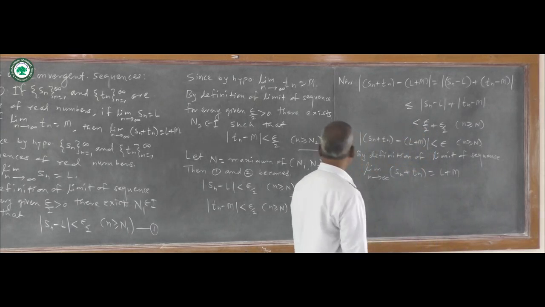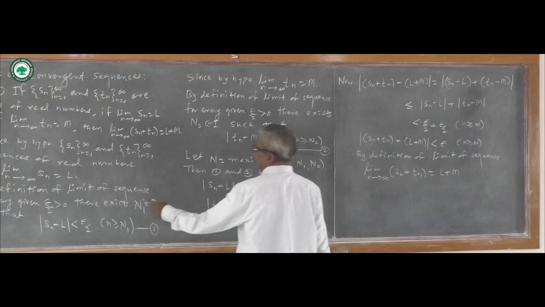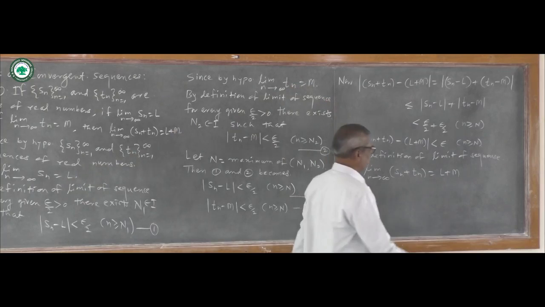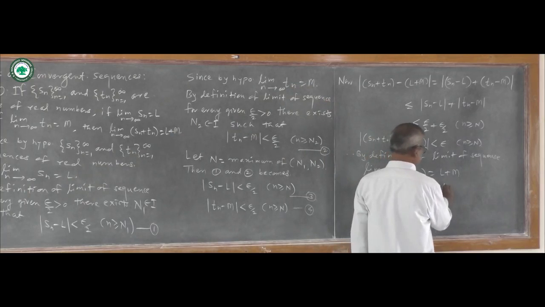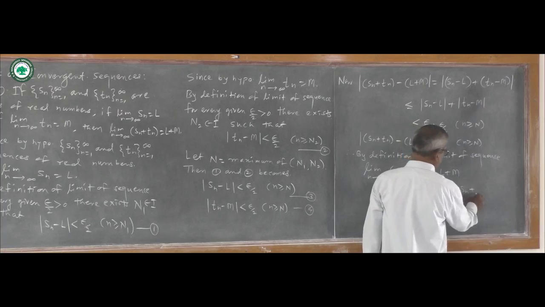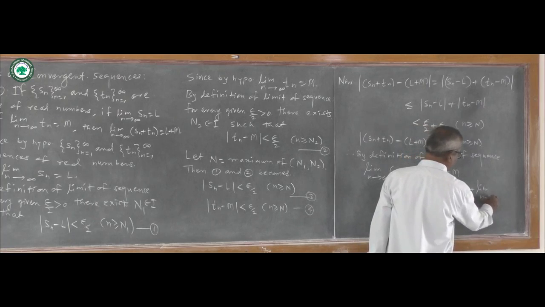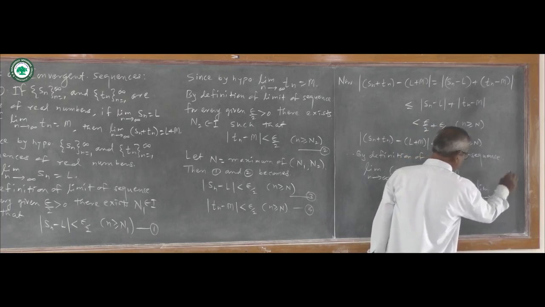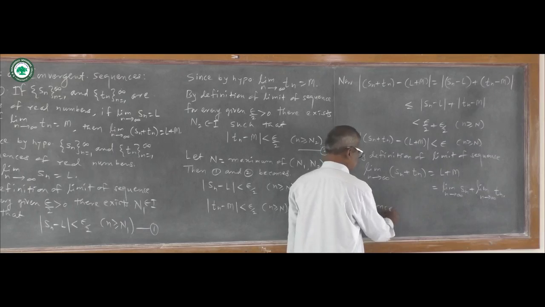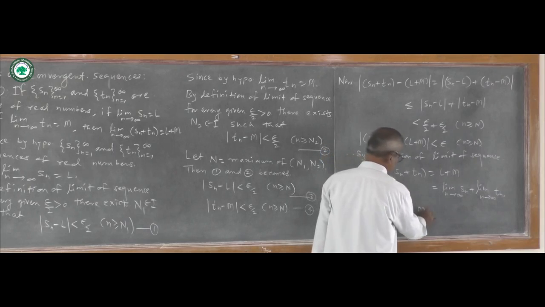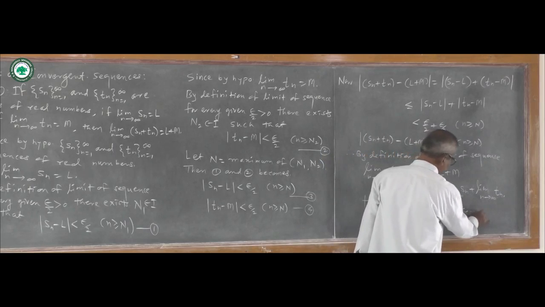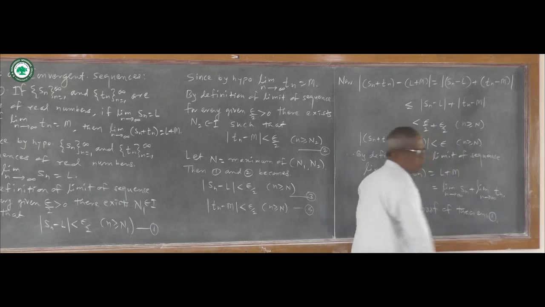That is, L is the limit of Sn and M is the limit of Tn, so this is equal to limit as n tends to infinity of Sn plus limit as n tends to infinity of Tn.